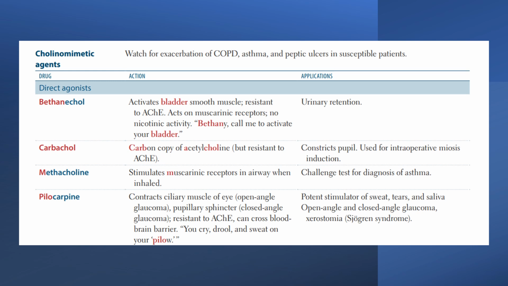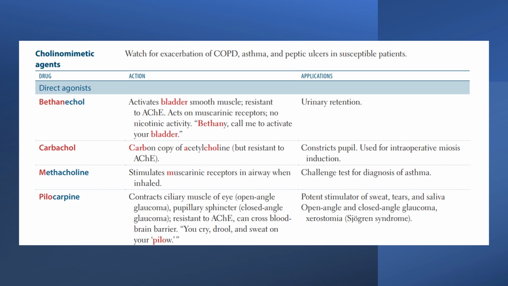Direct acting cholinergics directly stimulate receptors like muscarinic and nicotinic receptors and mimic the activity of acetylcholine. For cholinergics, we should watch for exacerbation of COPD, asthma, and peptic ulcer in susceptible patients. Direct agonists are bethanechol, carbachol, methacholine, and pilocarpine.